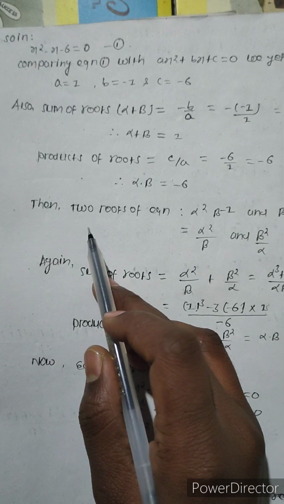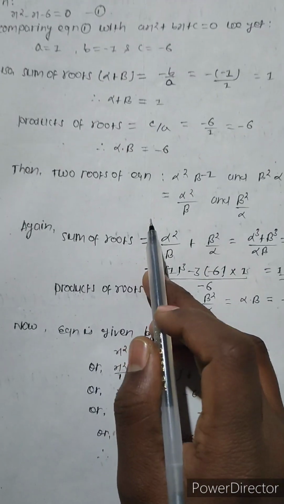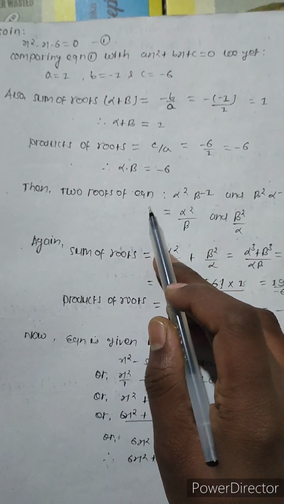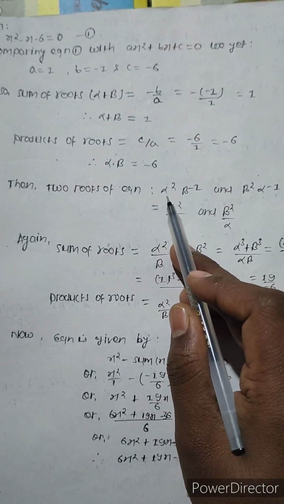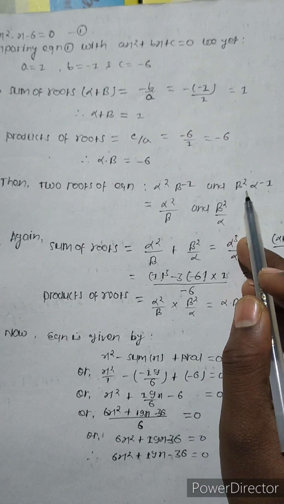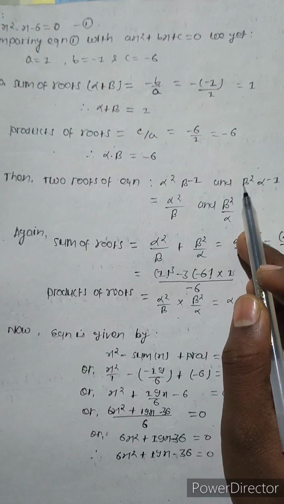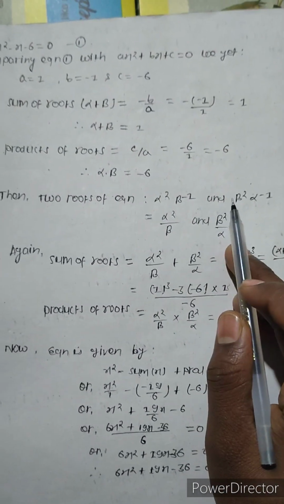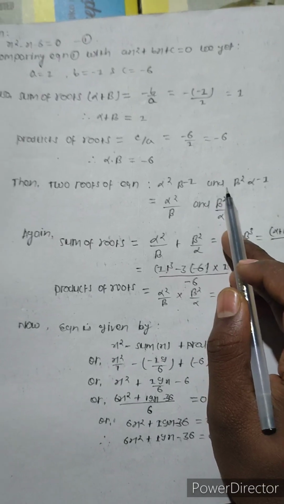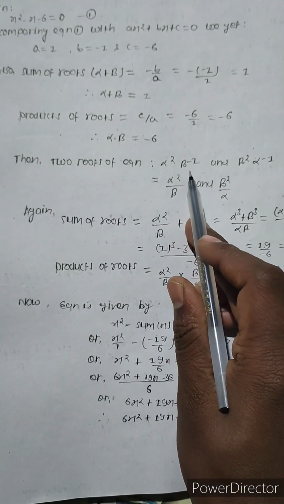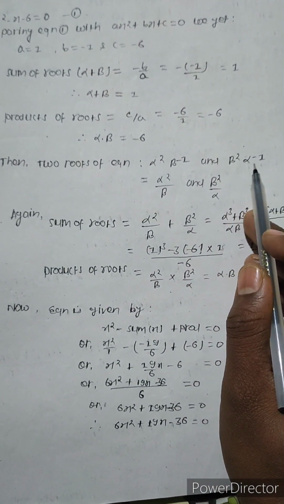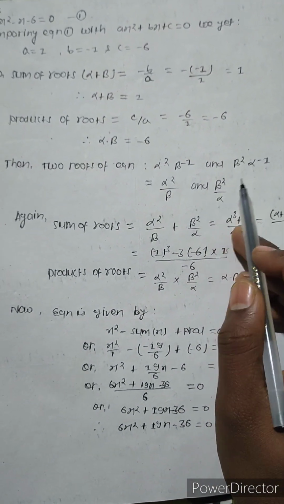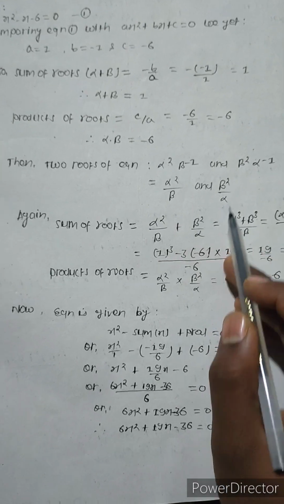Now the two roots given in the question are alpha squared beta inverse and beta squared alpha inverse. We have to find the equation of these roots. So we can write these as alpha squared by beta and beta squared by alpha.